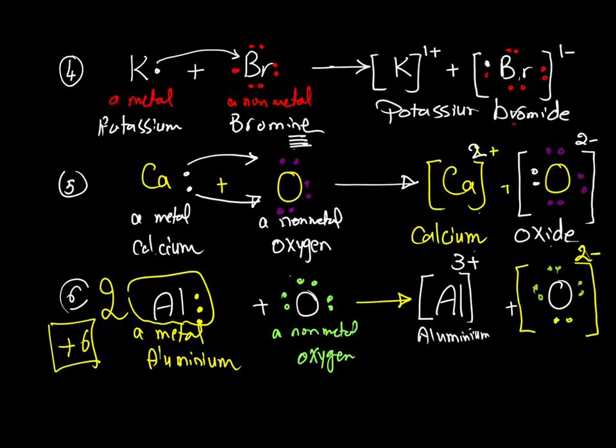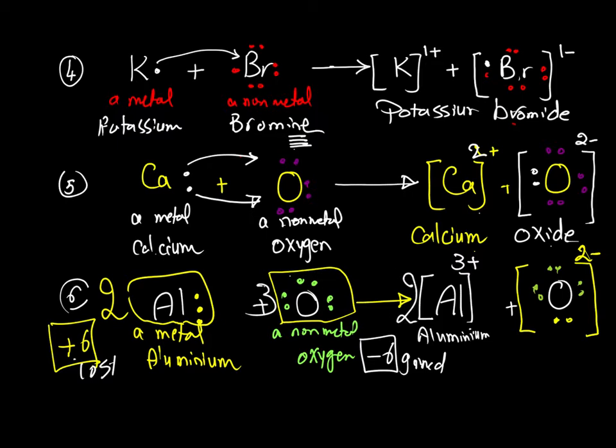The oxygen atom can gain 2, so in order to gain 6, we need to use 3 oxygen. Each one will gain 2, so the 3 oxygen atoms will gain 6. So now the number of electrons lost equals the number of electrons gained. Gained are 6 and lost are also 6. Don't forget to balance: right here 2 and right here 3, and this is oxide, aluminium oxide.